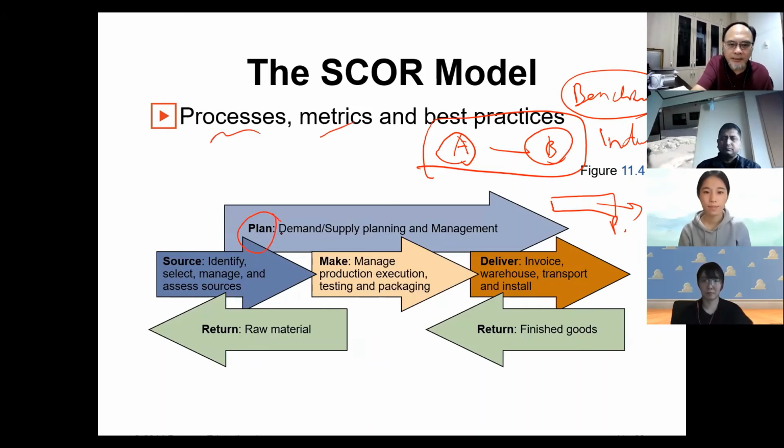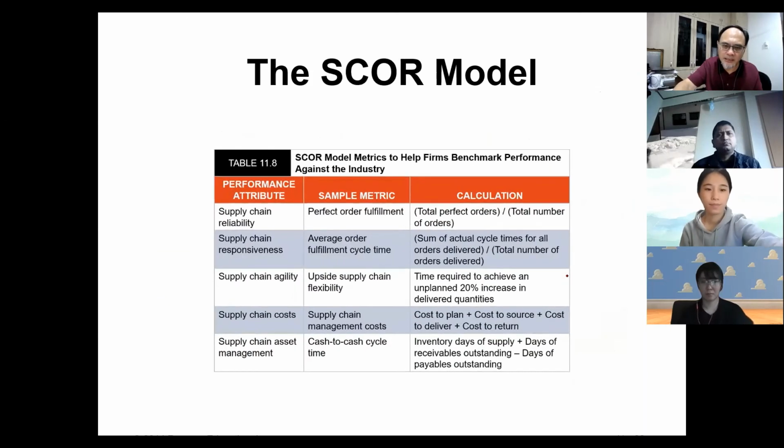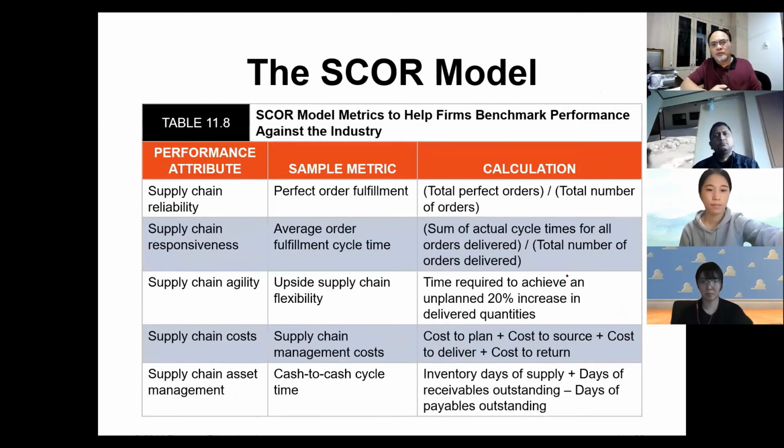In terms of plan, it covers demand and supply planning and management. For source, how the company identifies, selects, and manages the supply sources, and so on. All these make up the SCOR model that is used to do the benchmarking. For example, SCOR model metrics help companies benchmark performance.